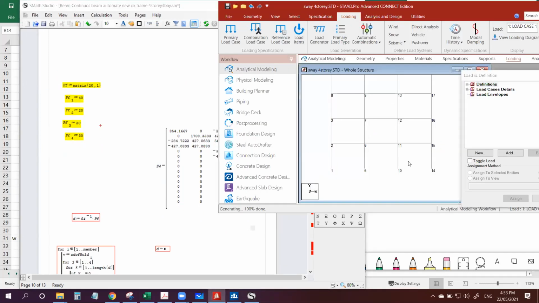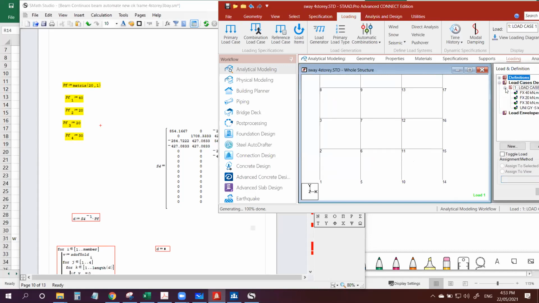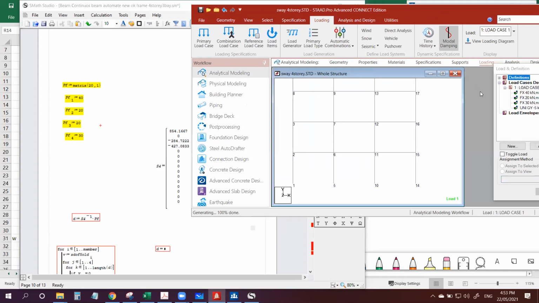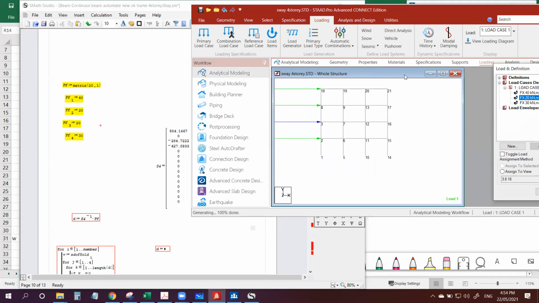Therefore, in the STAAD, let's change this. No more uniform load. Okay, 40 is at 1. Okay. 20 is at 2. 1, 2.